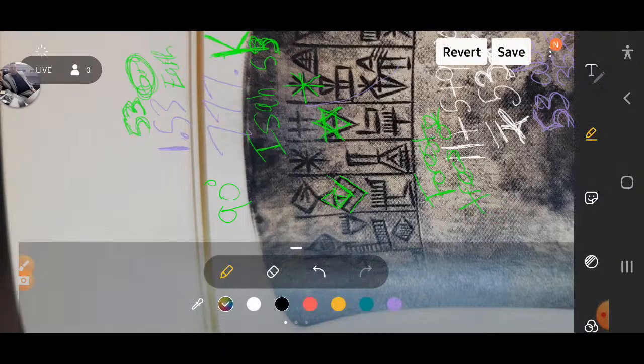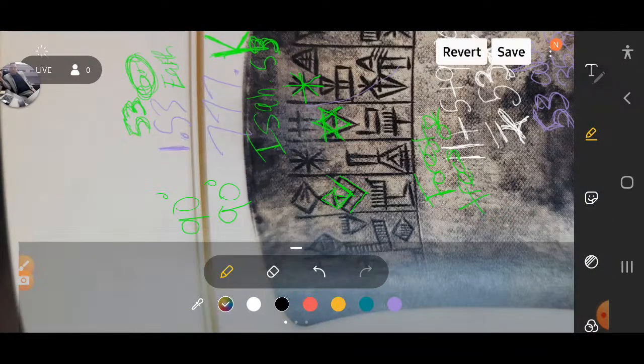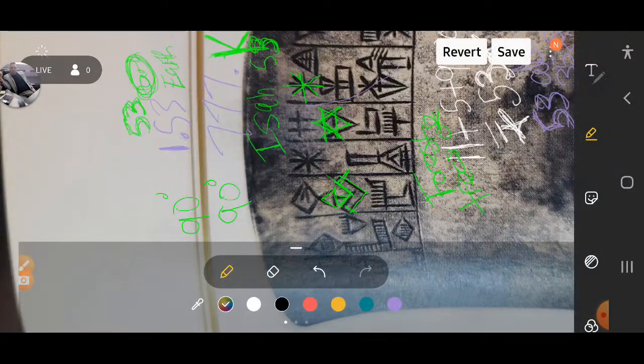So here, you got a 90-degree angle. And here, you got two 45-degree angles, which goes a 90-degree angle.